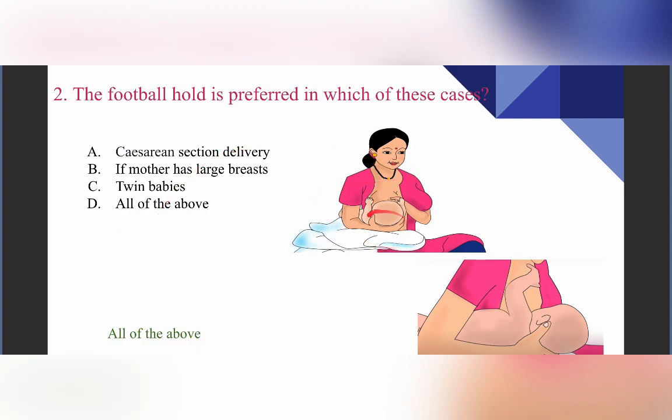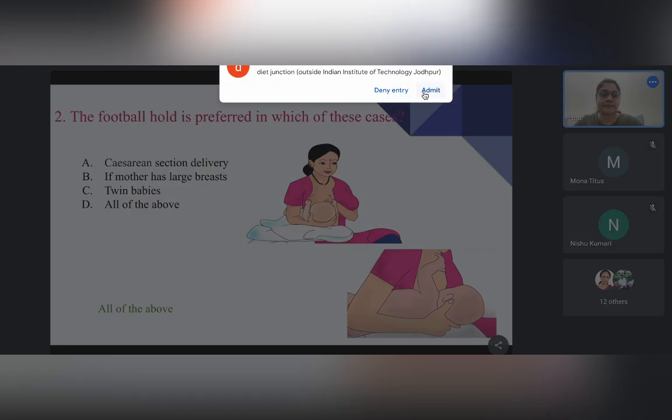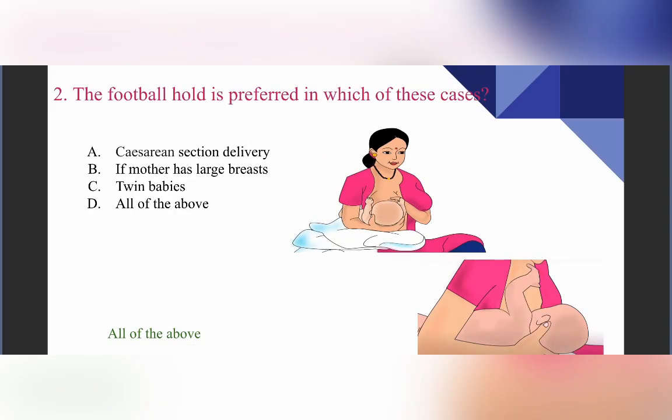As you can see in this image, this is a front position where the face of the baby is towards the face of the mother. A second possible position in the football hold is where the baby is taken from the side, a side position.